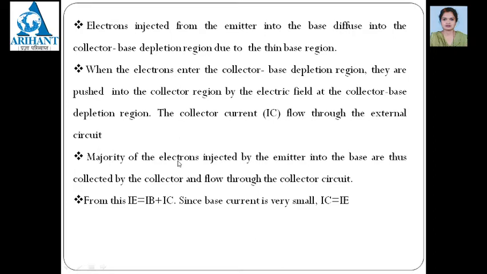Now majority of the electrons injected by the emitter into the base are thus collected by the collector and flow through the collector circuit, and from this we can give the equation as IE is equal to IB plus IC. But since base current is very small, we can consider IC, that is output current, collector current, is nearly equal to the emitter current IE.